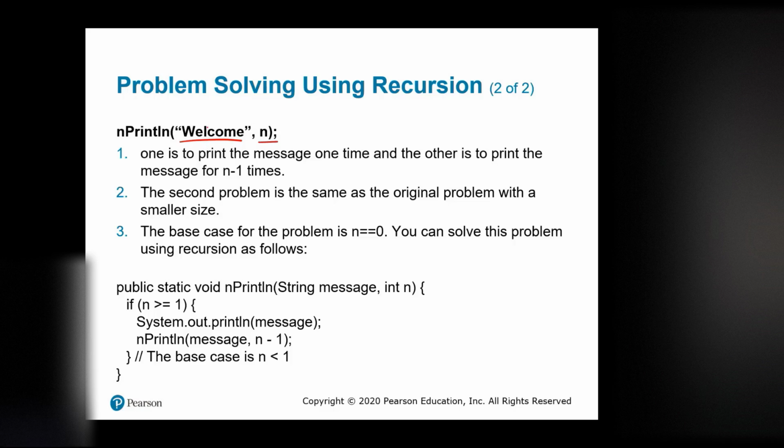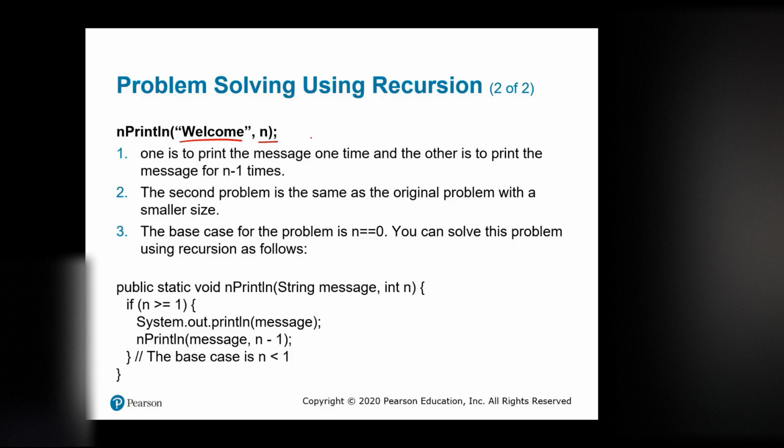Can anybody tell me how we can break it down? For factorial, what we did is n multiplied by the factorial of n minus 1. If we just want to print the welcome message n number of times, with the iterative approach it is very, very easy.